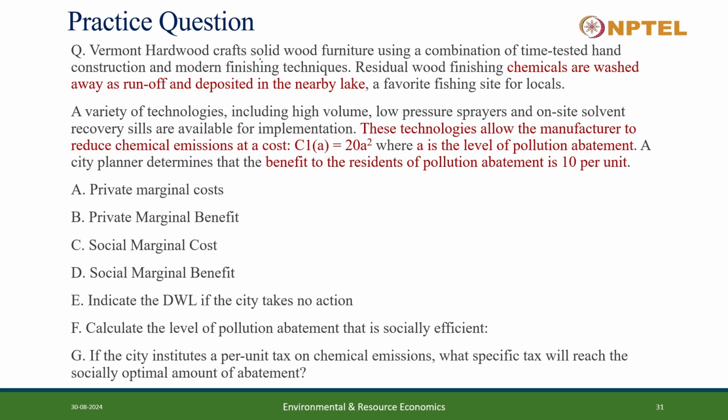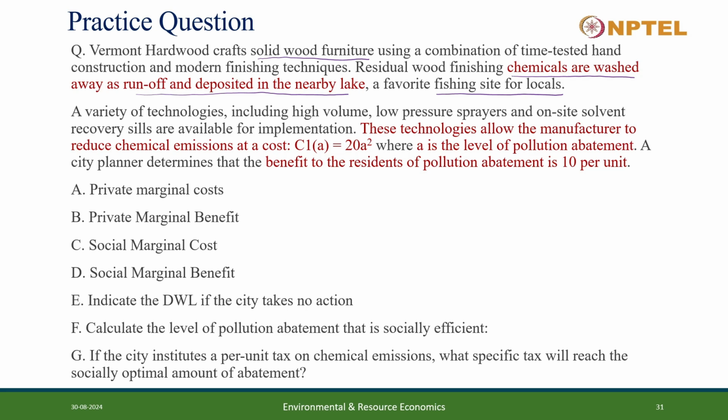They are a furniture firm, producing certain chemical waste which is put into the runoff river. There is a wooden manufacturing plant, and they pollute the river. So the fishing site for the locals is being polluted.